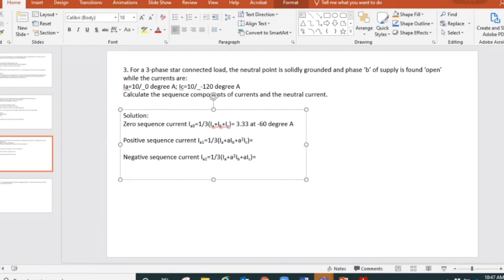To tell what is the value of IB. Read the question paper. The question paper is telling that phase B of the supply is found open. So you have studied second year, third year. Let it go for the first year. So when a supply line is open, what happens to the current?